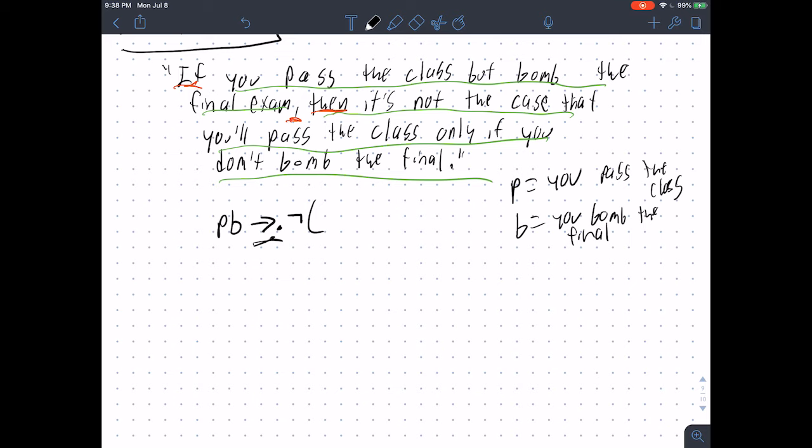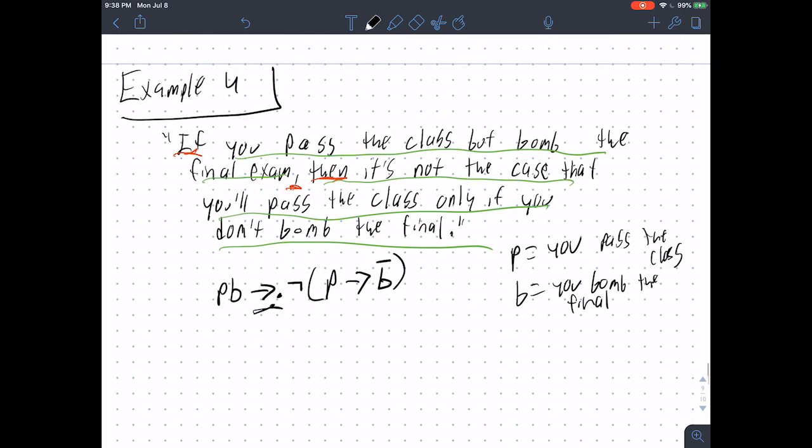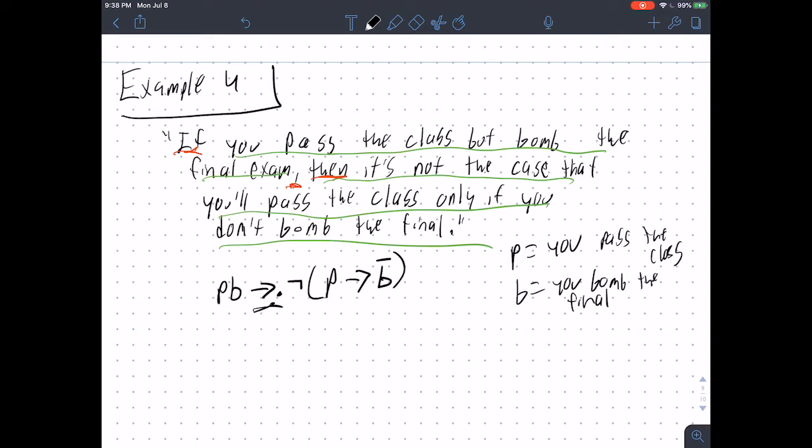The antecedent of that conditional is going to be P, and the consequent is going to be don't bomb the final, not B. And that's how we would translate that one. So be careful for negation signs that govern whole groups.